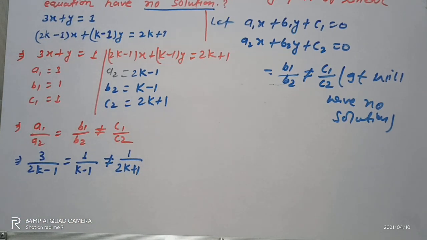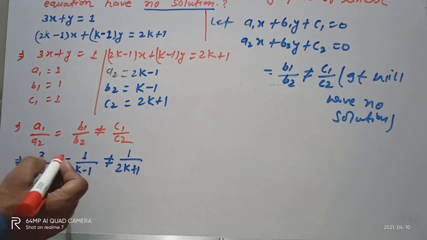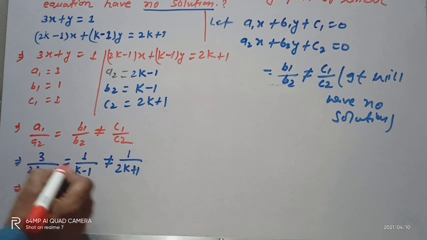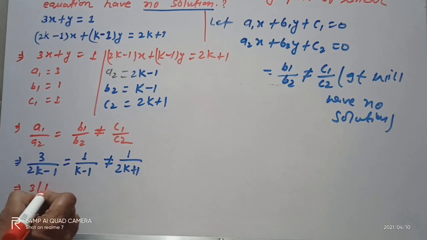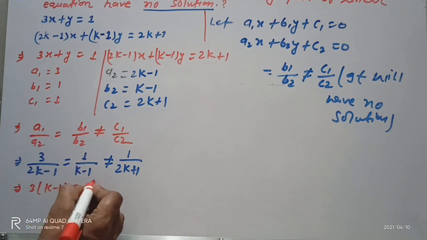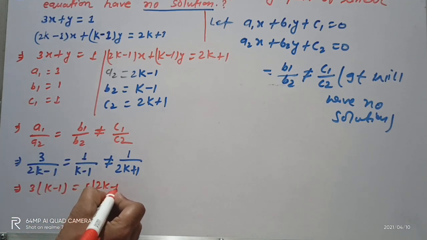Now we do the cross multiplication between these two. By 3 we multiply 3 into k minus 1, and by 1 we multiply 1 into 2k minus 1.